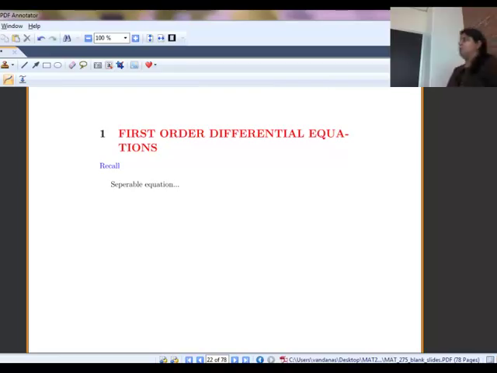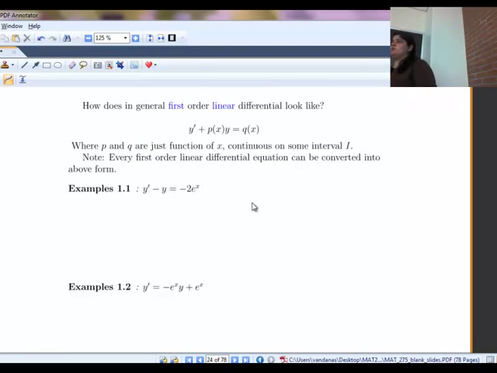Now let's understand more about separable differential equations. In this homework, which differential equation is separable?